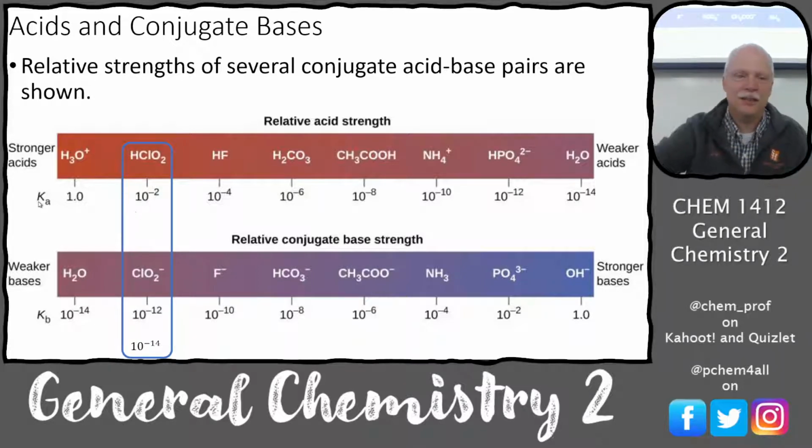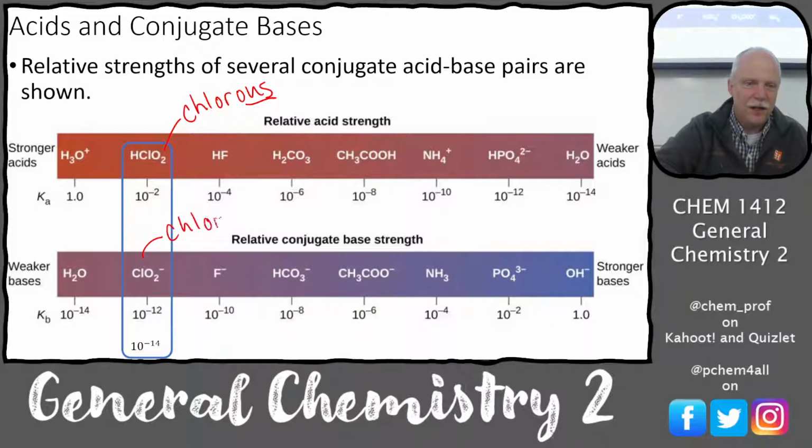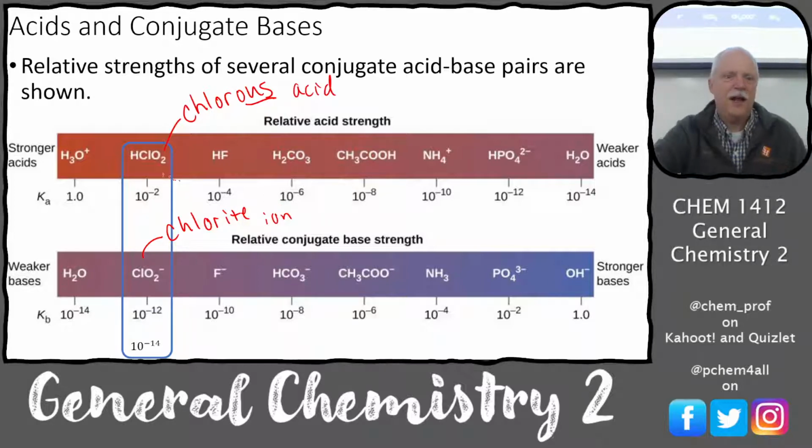Let me write those out just because I struggled with it. So ous becomes ite. Okay, and it's 10 to the minus 2 and 10 to the minus 12. That's Ka and Kb. You multiply those together, you get Kw.